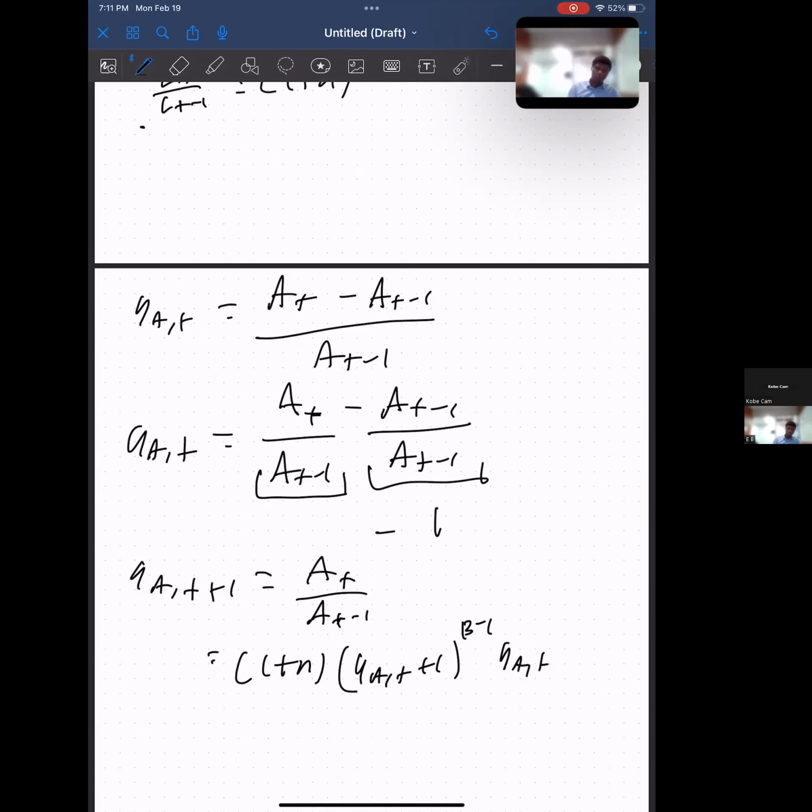So look, everything is in terms of the model parameters, or it is in terms of g_A(t), which is exactly what we want as far as a fundamental equation.